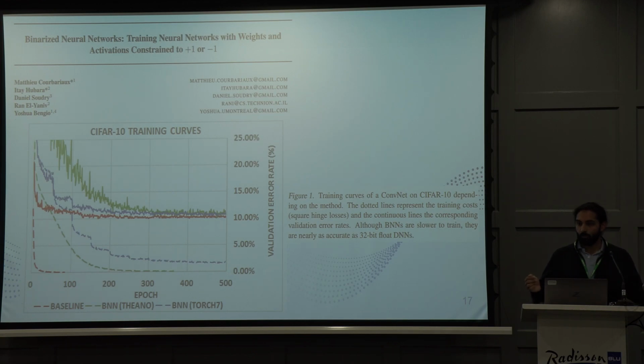And somehow, after 400 epochs, the accuracy is almost the same. So what does it tell us about neural networks? What is more important in a neural network? Is it the actual magnitude of those weights and activations, or is it the network structure itself? That's something to think about.